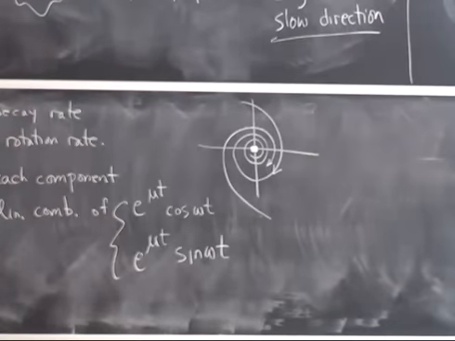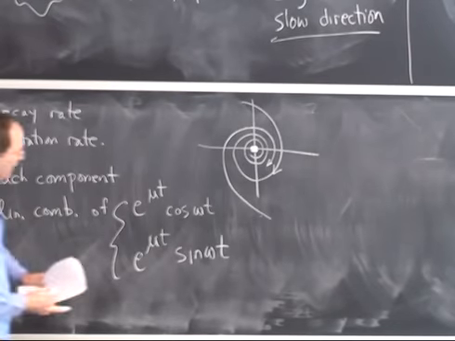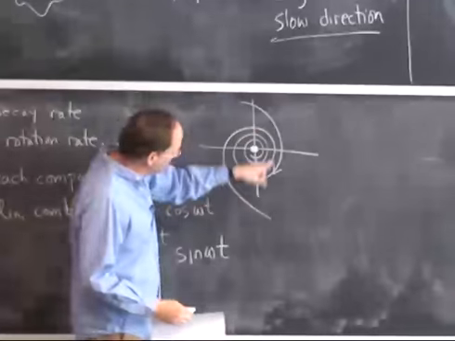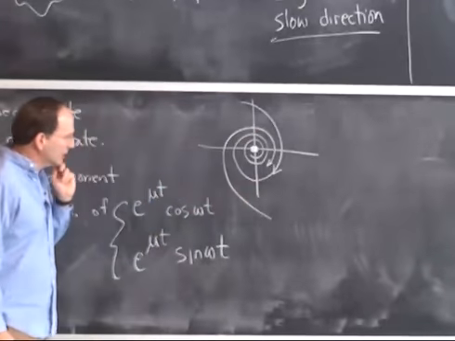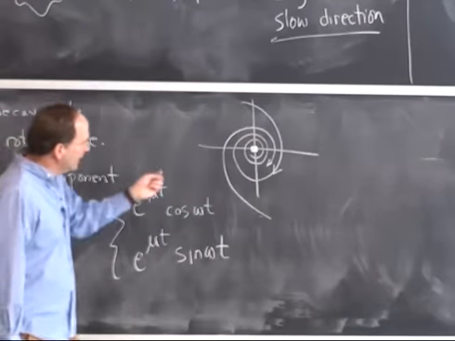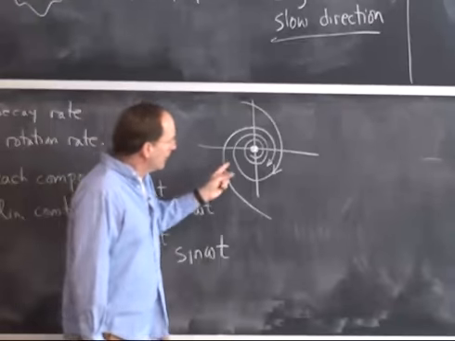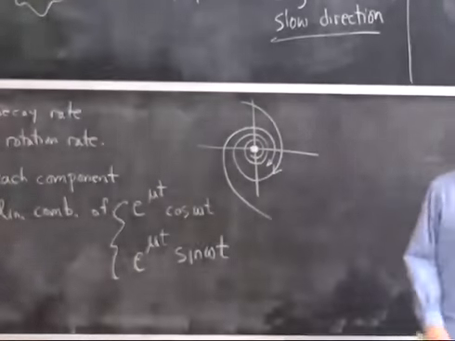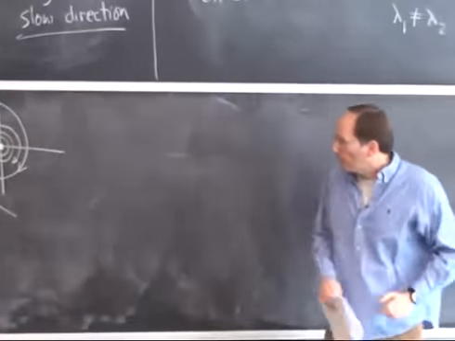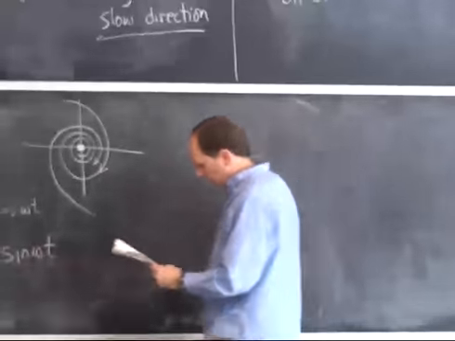Now, one question that people often have is, how do I know which way it's rotating? I've drawn it here as though the rotation is clockwise. How would I know that? For that, you don't get that information from tau and delta or from the lambdas. You have to look at the vector field to see this.